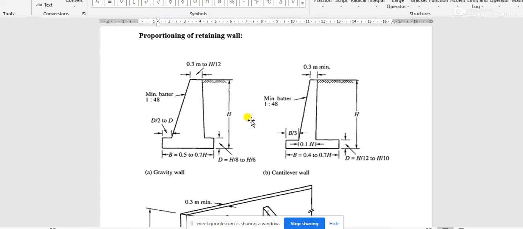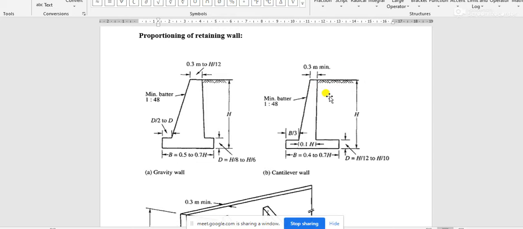I have taken this one and I can design the retaining wall, but before we construct the retaining wall, we have to check whether these proportions or dimensions are correct to withstand the pressure coming from the soil.